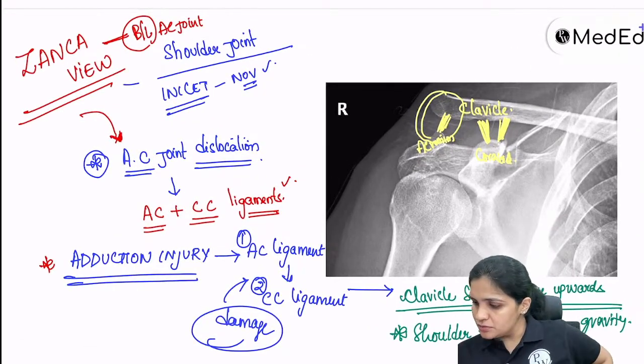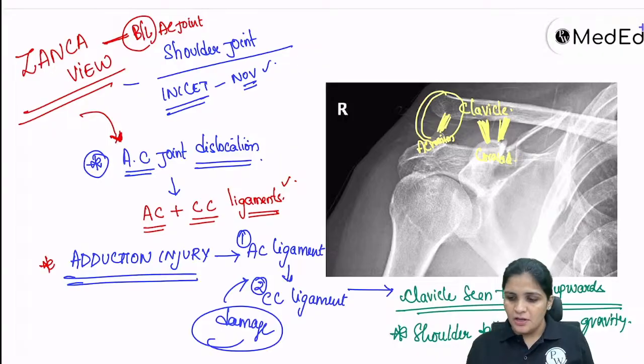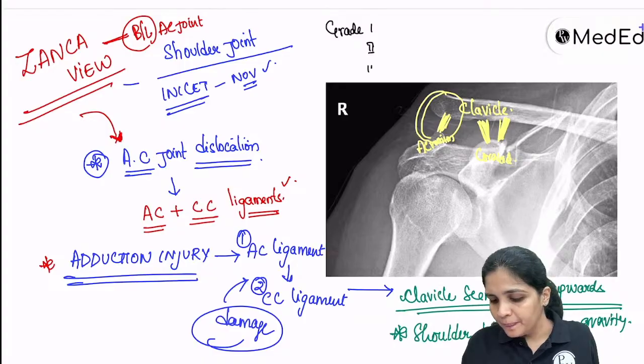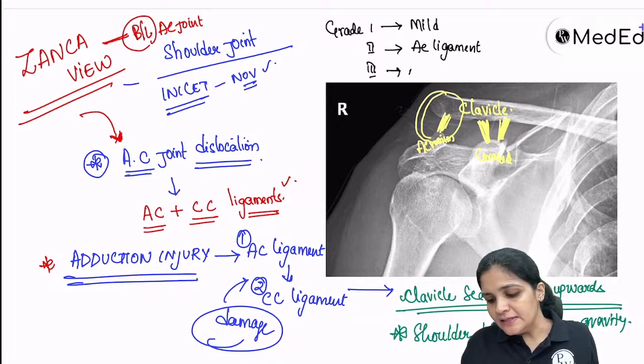Anything else you want to know about this AC joint? There are 3 grades: grade 1, 2, 3. Grade 1 is a mild injury. Grade 2 is AC ligament disruption. Grade 3 is AC plus CC ligament disruption.